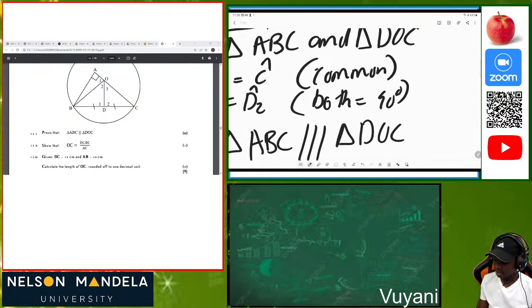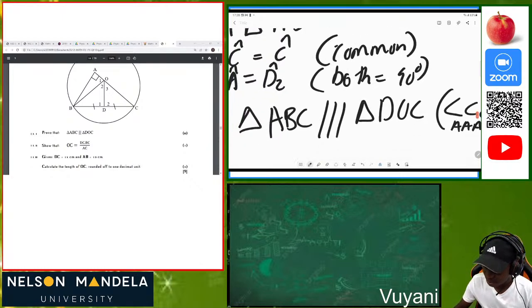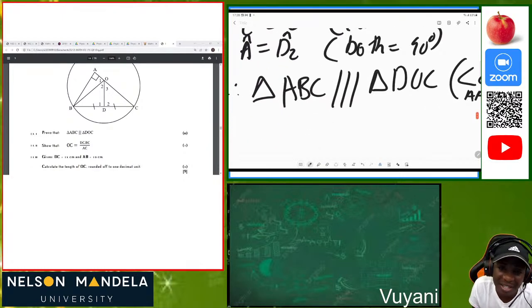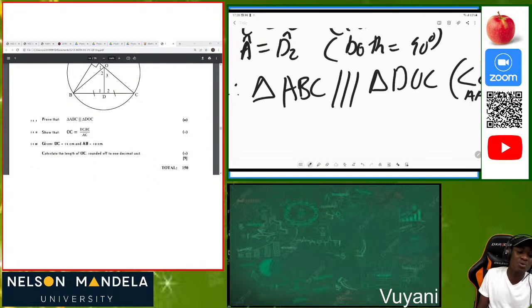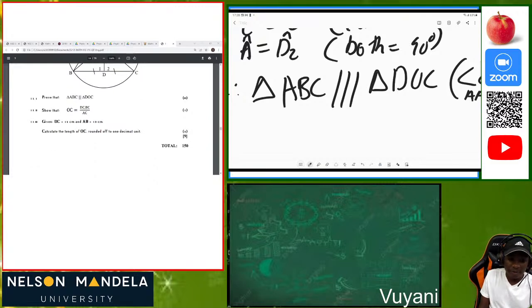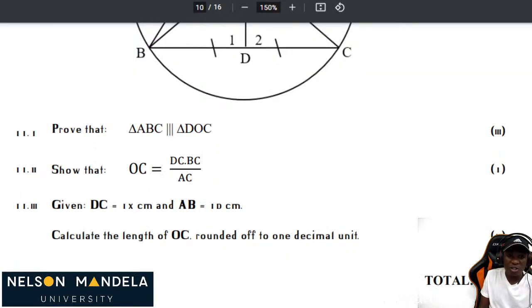The reason is what is important: angle, angle. So you're done proving. That's how you prove the similarity in that instance which we have above. Now show that OC.